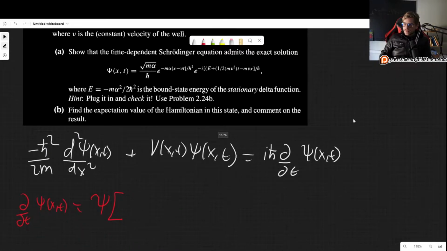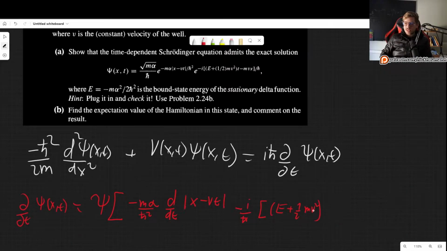So in the first one, we get -mα/ħ² times the time derivative of the absolute value of x - vt, and we will find out what this is in a moment. Then in the second term, we have -i/ħ times (E + 1/2 mv²).